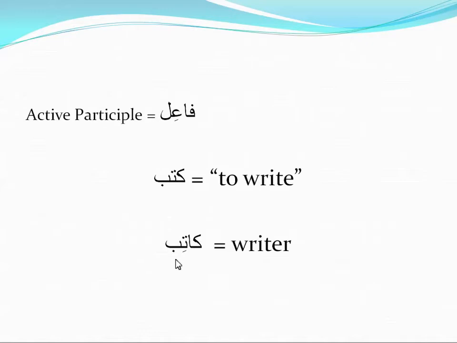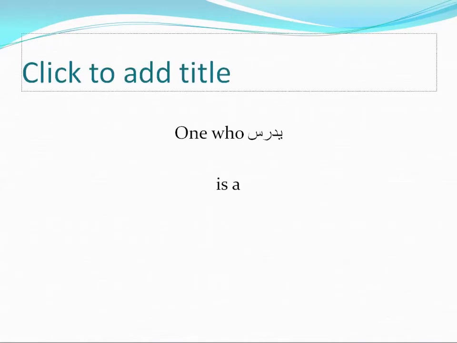Other than that, this is pretty straightforward. Now, I would love to tell you that this pattern holds 100% for every verb in the language. Unfortunately, in Arabic, like any other language, usage varies. So, for example, one who yadris, one who studies, well, you would think that should be a daris, a studier, and it is.